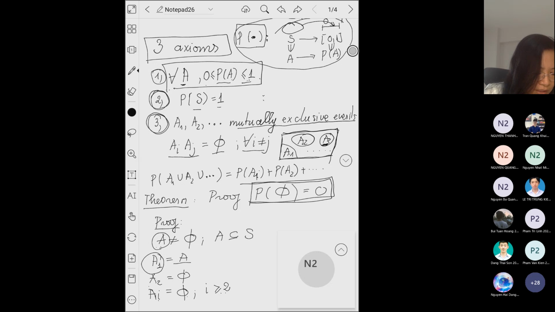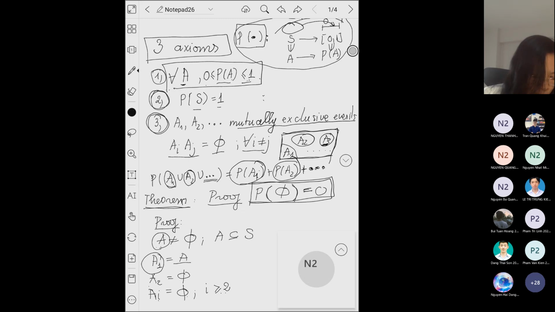From this, the probability of A1 union A2 union infinitely many events equals the probability of A1 plus the probability of A2 plus the probability of each individual event. Now we have the theorem to prove that the probability of the empty set equals 0.